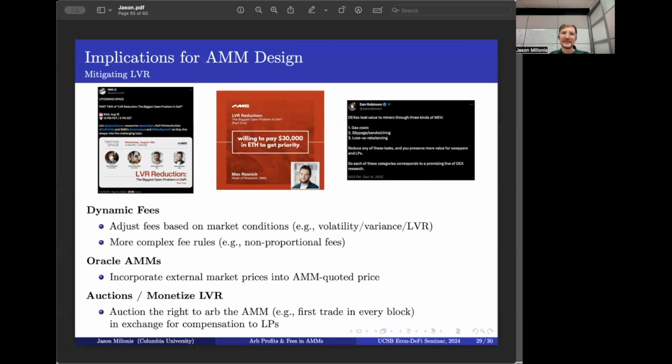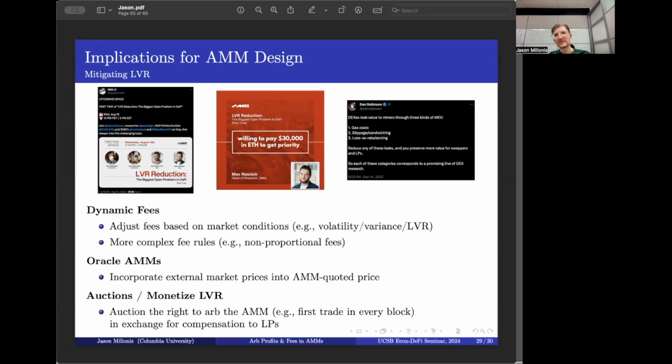Finally, our work has lots of implications for how you should design an AMM. As we said before, there's been an insane amount of research effort poured into trying to mitigate LVR in exchanges. There are three key directions I want to focus on.